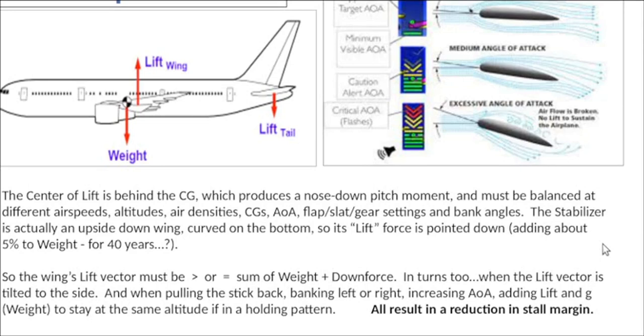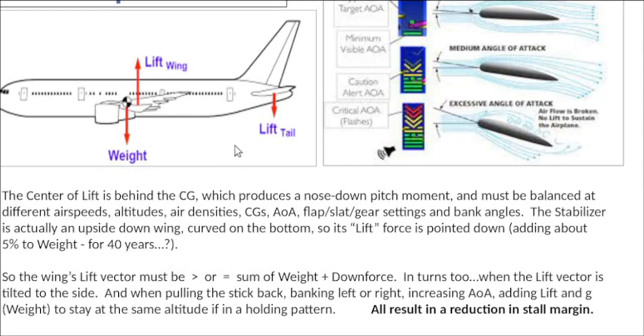It's a source of inefficiency in this way, but it's also a source of stability because this imbalance and the stabilizer kind of keeps the airplane in a normal attitude. But this means the wing's lift vector must be greater than or equal to the sum of these two. Otherwise, you're going to start going down.